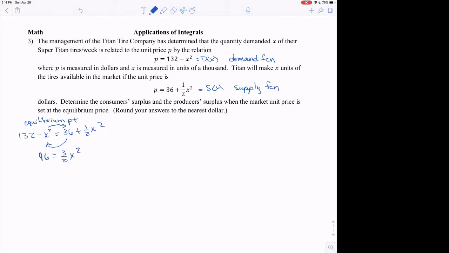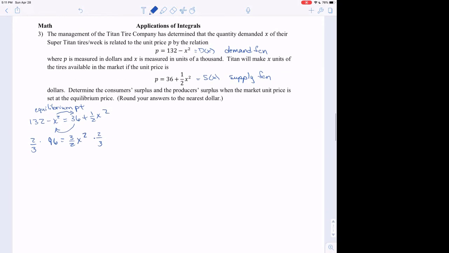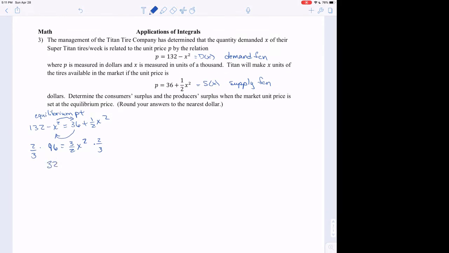3/2 x squared. Now I'm going to multiply both sides by 2/3. And so what I get is 32 equals x squared. No, sorry. I get 64 equals x squared. Missed a line in my notes. So that tells me that x equals plus or minus 8.